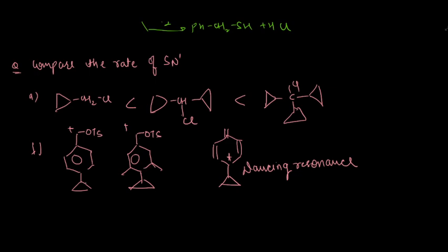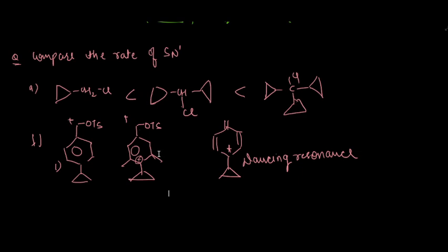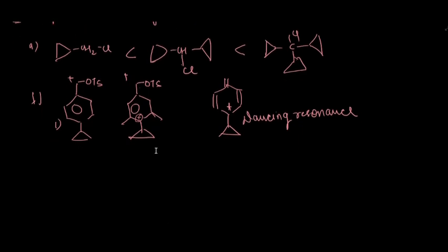Just think, in the first case, when the carbocation is there, there is hyperconjugation. But in the second case, when the carbocation reaches the para position, will it show hyperconjugation? I'm asking. Okay, let's see.